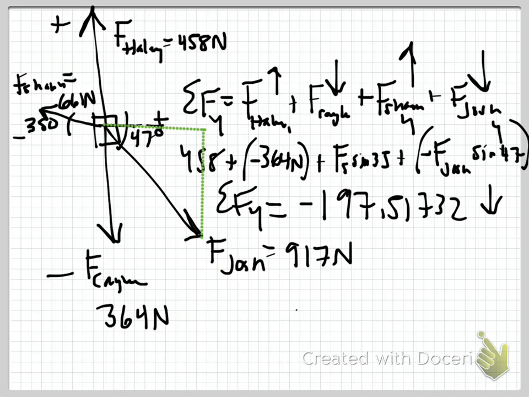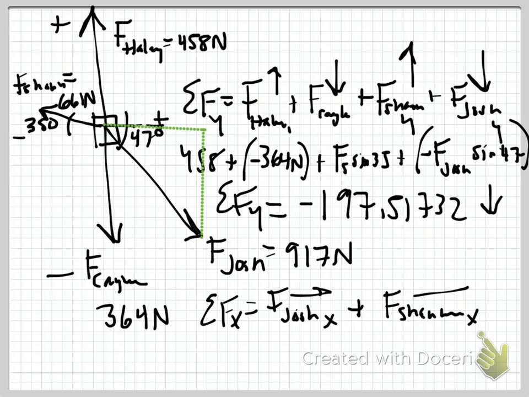Now let's do sum of forces on the x. This one's much, much prettier, much simpler. So we have the force of Josh on the x, and that's that direction, and we have the force of Shannon on the x, which is back in that direction. And Josh's is negative, just based on our Cartesians.